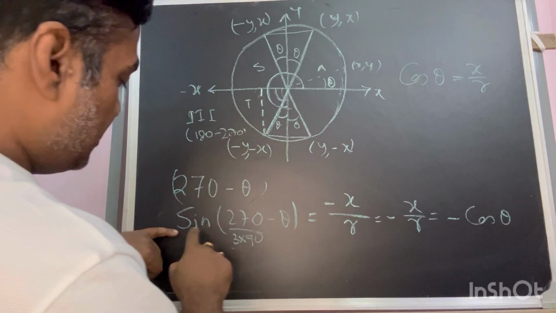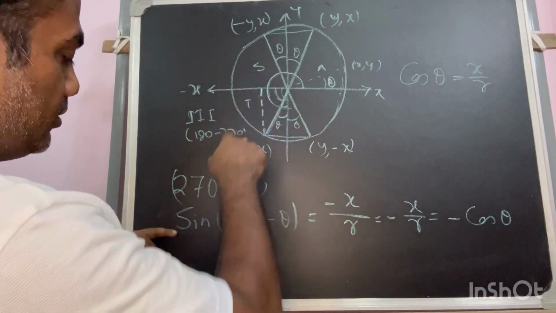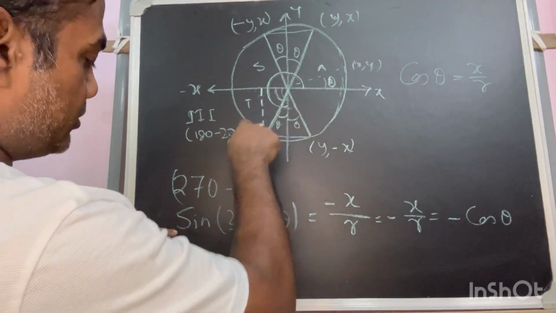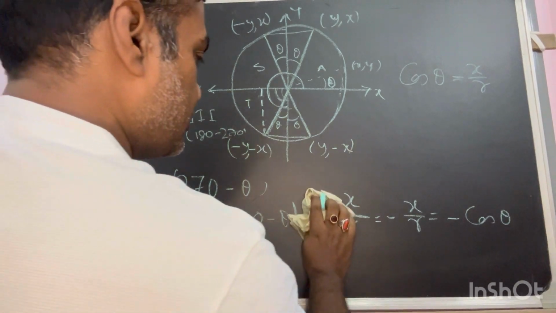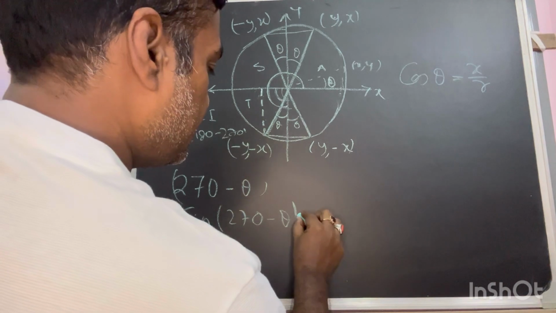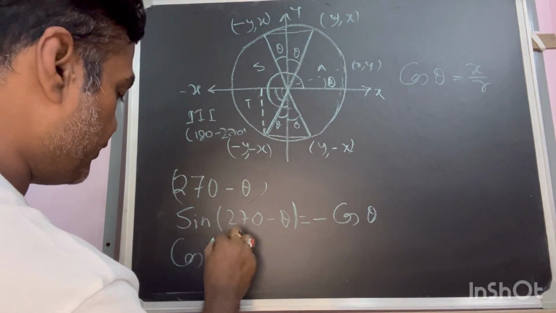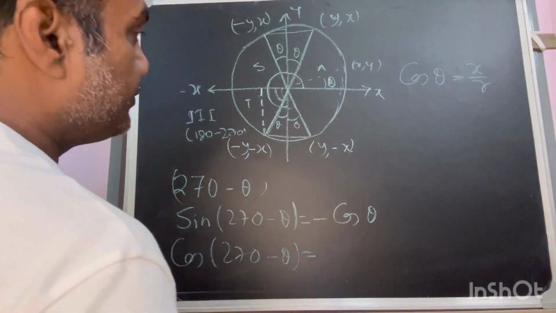So cos theta, and this will decide whether it will come with minus or plus. Now this coordinate sign is negative, so ultimately this all will stand like this, minus cos theta.